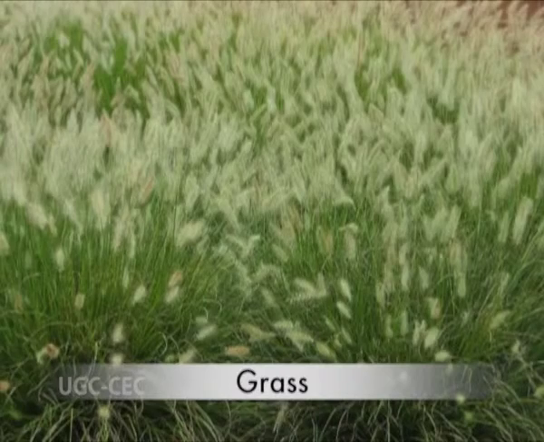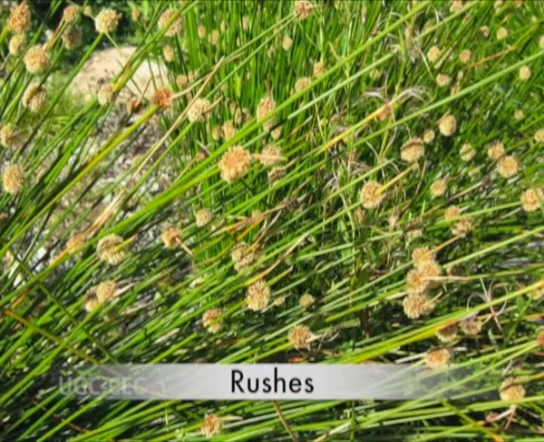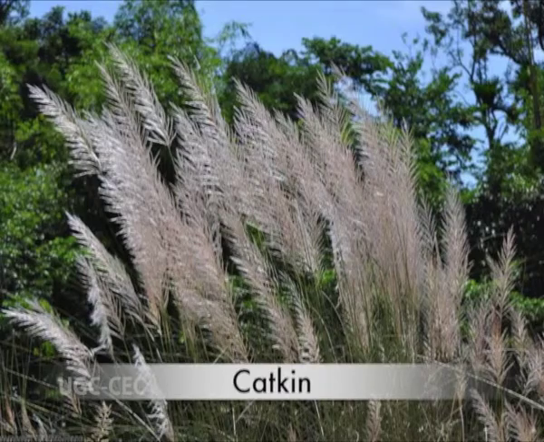When the flowers are pollinated through wind, it is termed anemophily. Grasses, sedges, rushes and catkin-bearing plants are in general pollinated by wind.